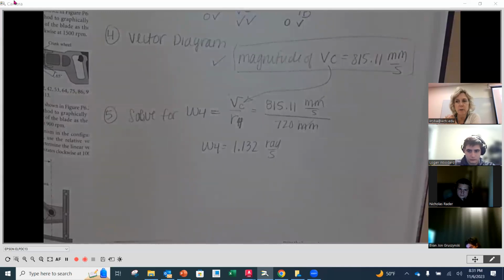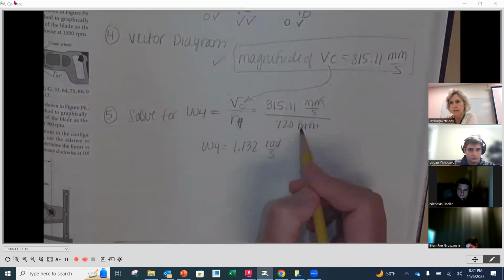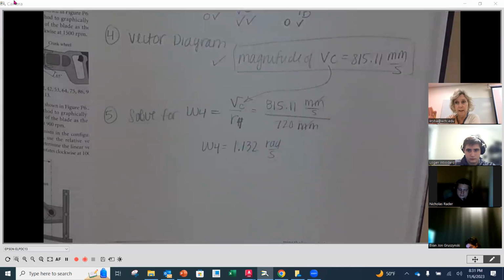So you should get W4 equal to 1.132 radians per second, right? The millimeters canceled out here top to bottom, so it's nothing per second. Make sure when you show your calculations that you see the cancellation. So radians are going to come in, all right?